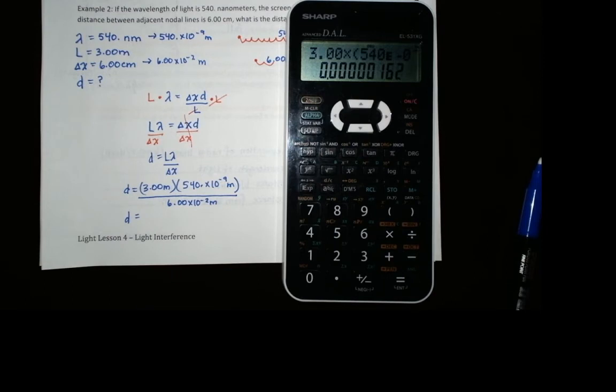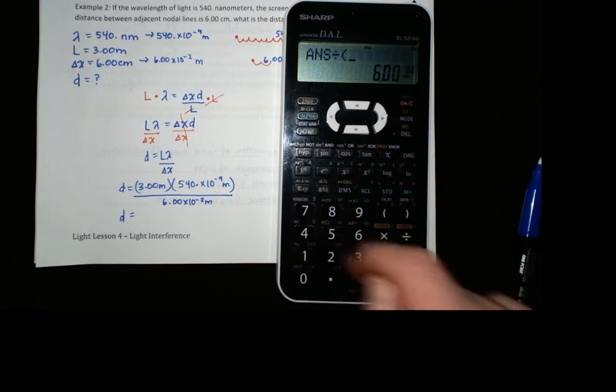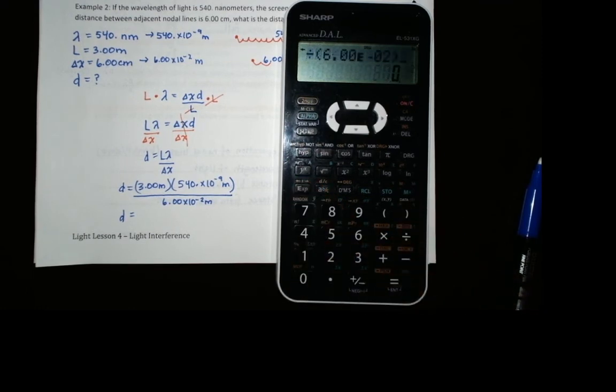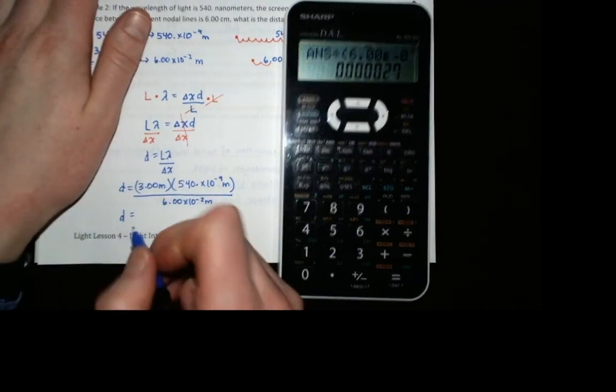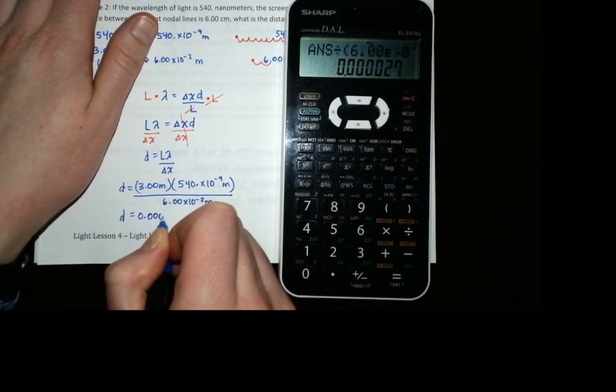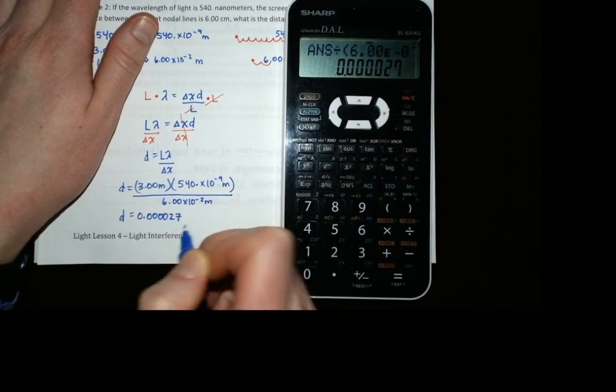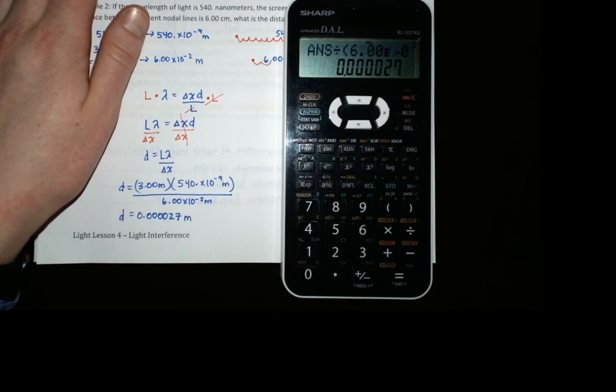Now we still haven't dealt with the divide, so I'm going to hit divided by 6.00 exponent negative 2 equals, and we get 0.00027 meters.